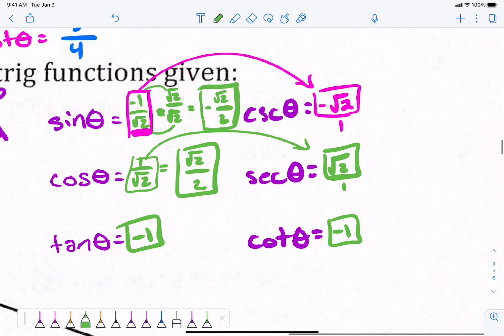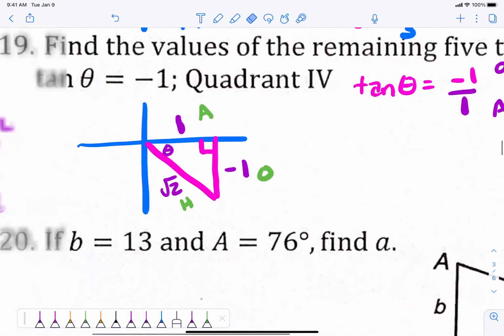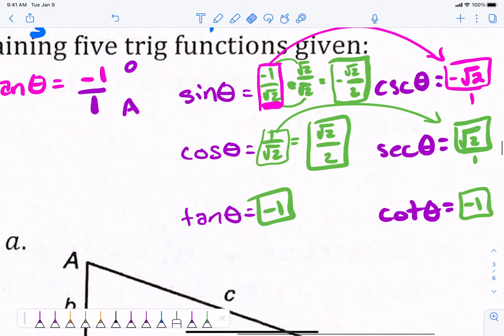Okay. All right, now, what type of triangle did I say that this was? A 45, 45, 90 triangle. You guys have your unit circle handy. Look at 45 degrees. Tell me what sine and cosine are of 45 degrees. Square root of 2 over 2 and square root of 2 over 2, except this is 45 degrees actually in the 4th quadrant, so we're really looking at 315 degrees.